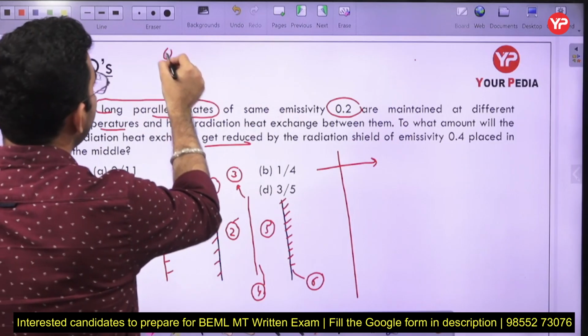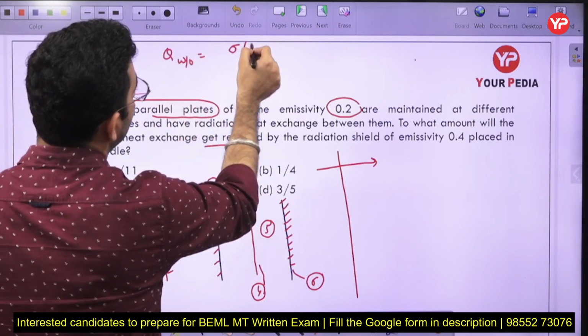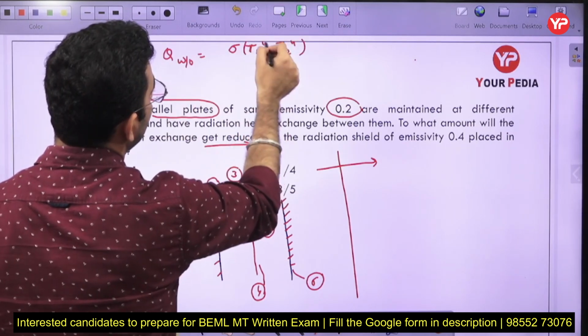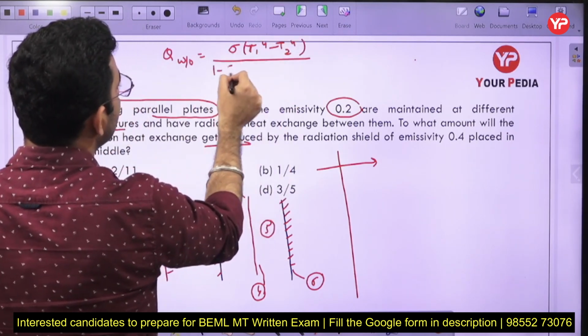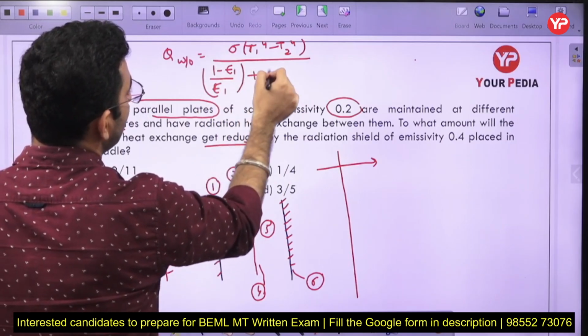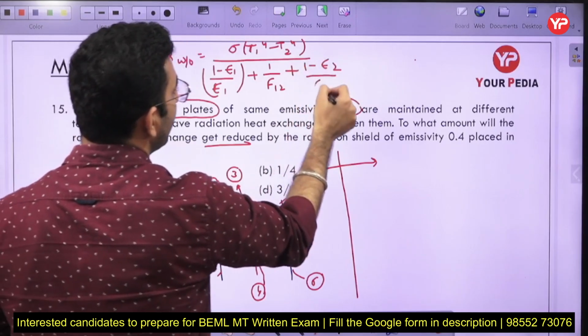Now you can see without shield, I can say sigma (T1^4 minus T2^4) divided by (1 minus epsilon 1) upon epsilon 1 plus 1 upon F12 plus (1 minus epsilon 2) upon epsilon 2.